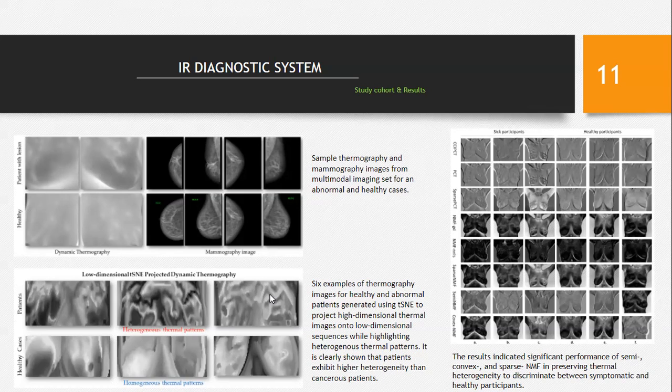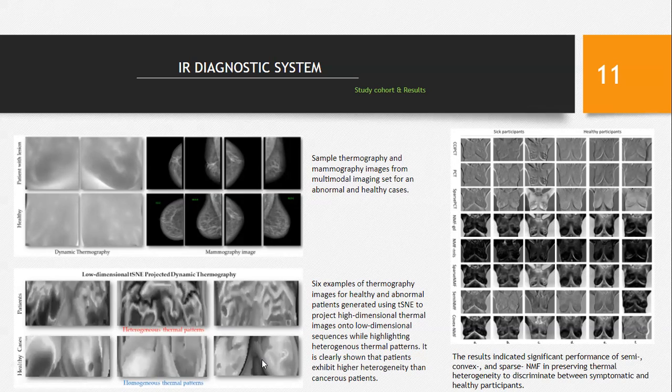Down at the very bottom is the low dimensional tSNE projected dynamic thermography. And that has shown great promise in the variation of the thermal pattern. So we have a heterogeneous thermal pattern right here that we can see that there is some abnormality. And down below is a patient that has no lesion, so there is a homogeneous thermal pattern.